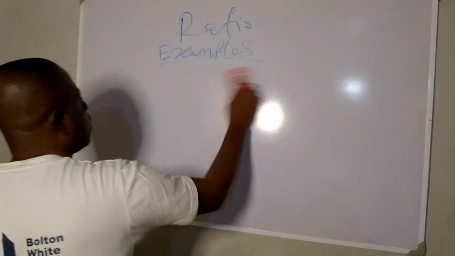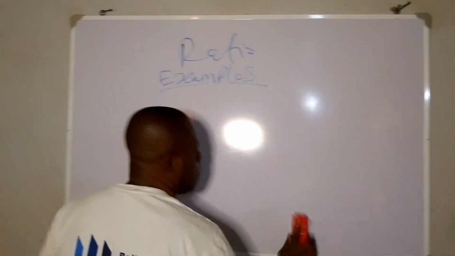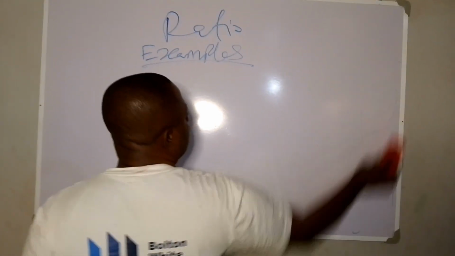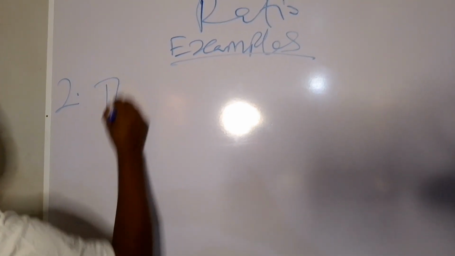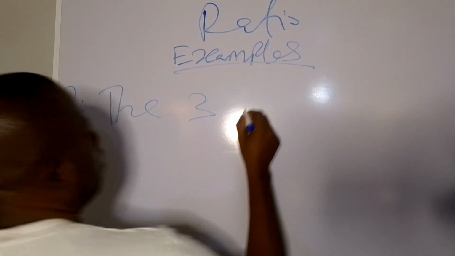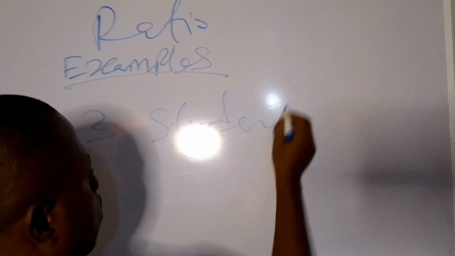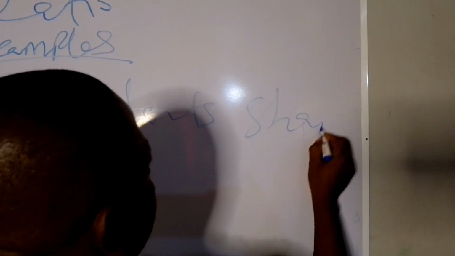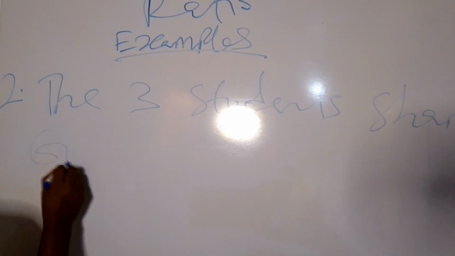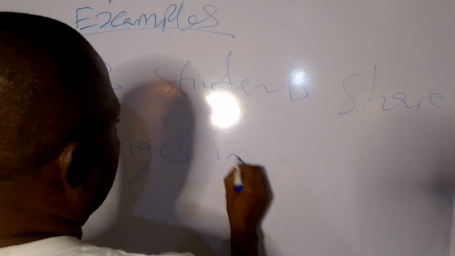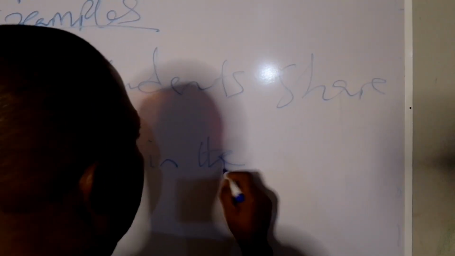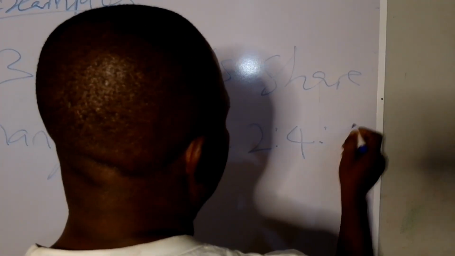Let's do another example of ratio. Example 2. 3 students share 60 mangoes in the ratio 2:4:6.